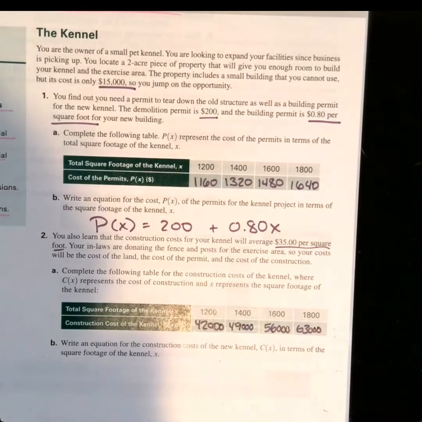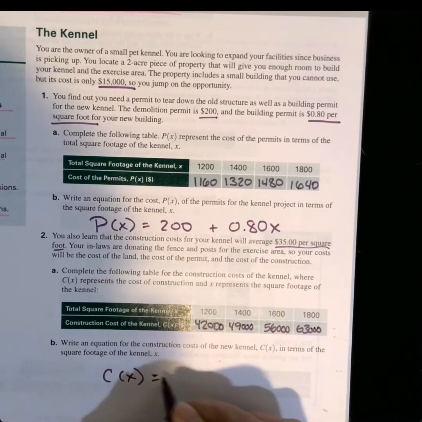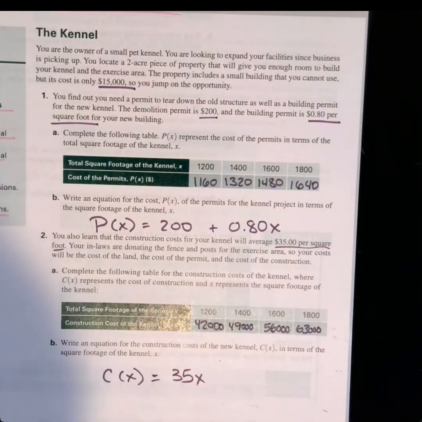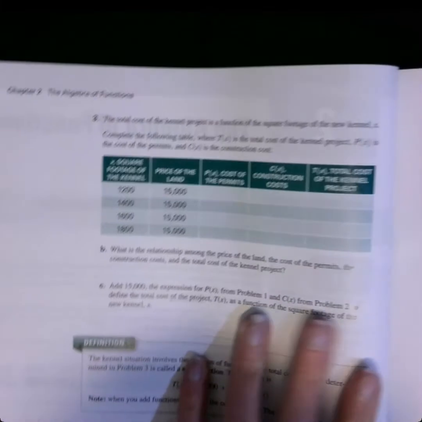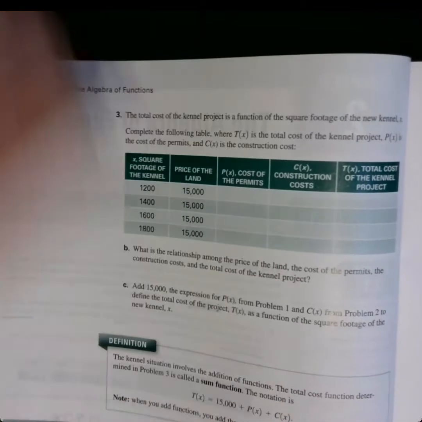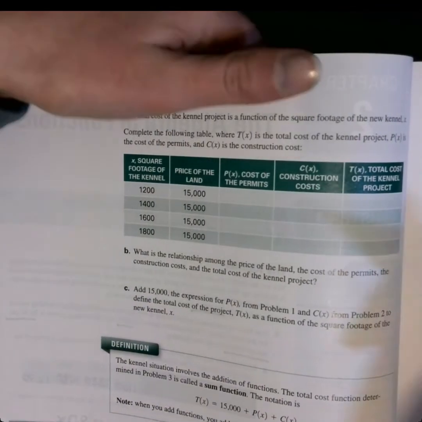And so for each of these, our C of X function that we're doing, we're taking $35 per square foot times the square footage, so times X. All right, now we're going to put these together on the next page. And we know that the cost of the land is $15,000, and I'm going to have to pay for that, in addition to the cost of the permit.